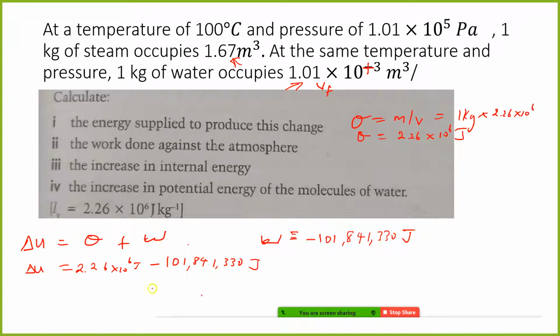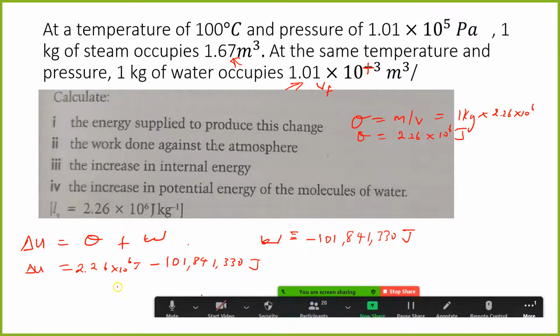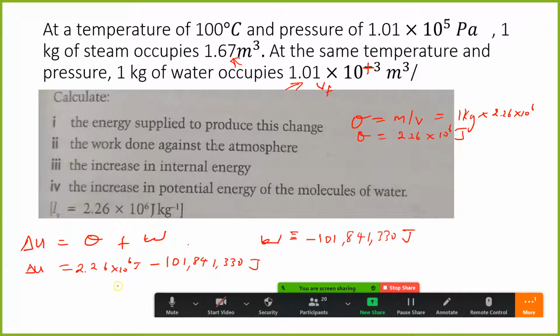Now, we're obviously going to get a negative value. What this is going to tell us is that our system is losing heat. So that minus sign is just going to show that the system is losing heat. So we should be getting minus 99,581,330.